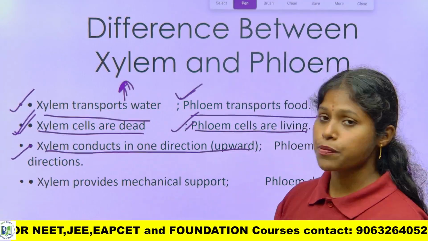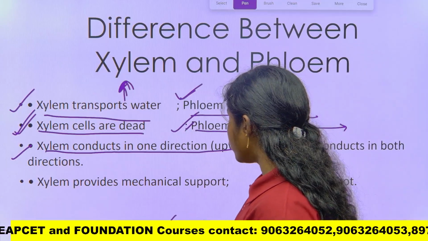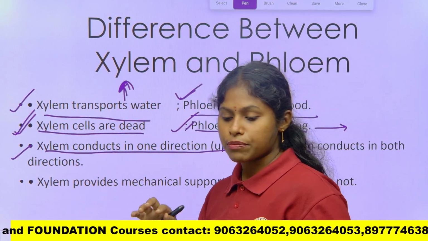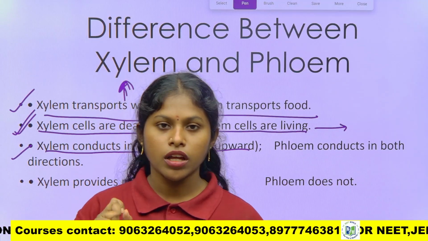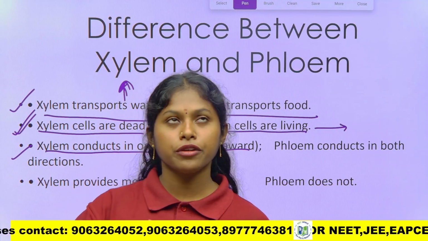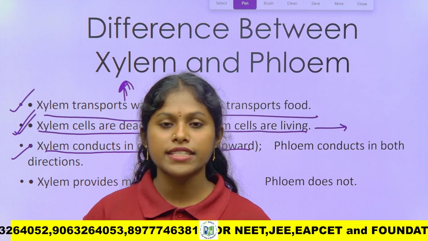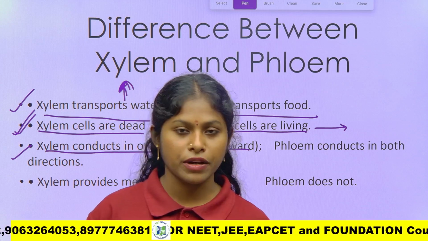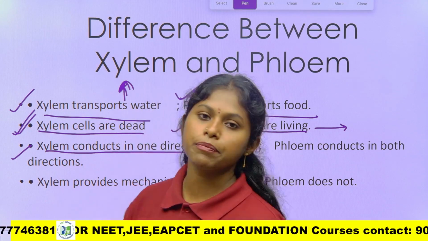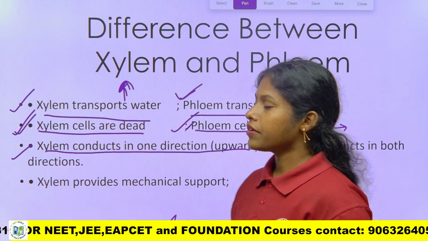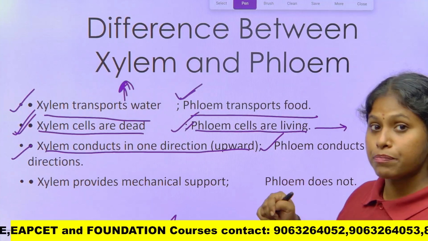It is always from underground to upwards. Whatever minerals and metal ions are present in the soil are absorbed by the roots only, and all of that is transported to the plant, giving nutrients to the plant through the xylem tissue. The minerals are absorbed and transported to all plant parts by the xylem, right. You can also call them transport pipes, right.